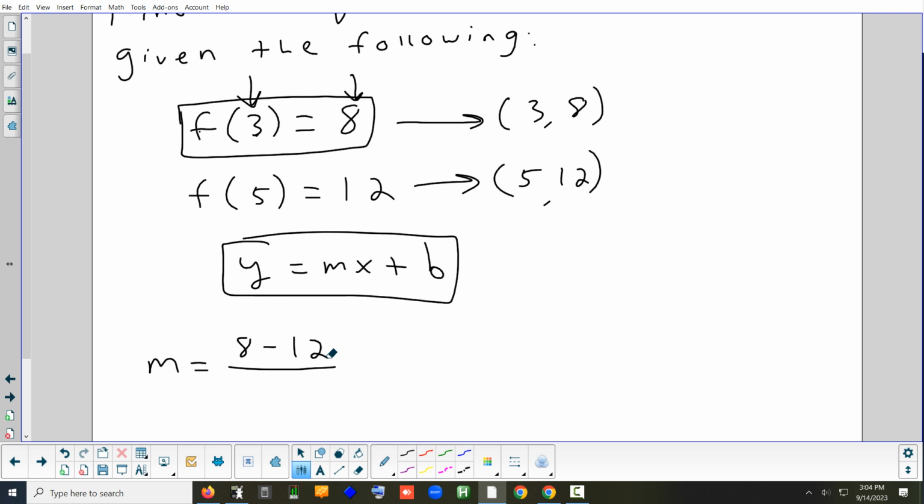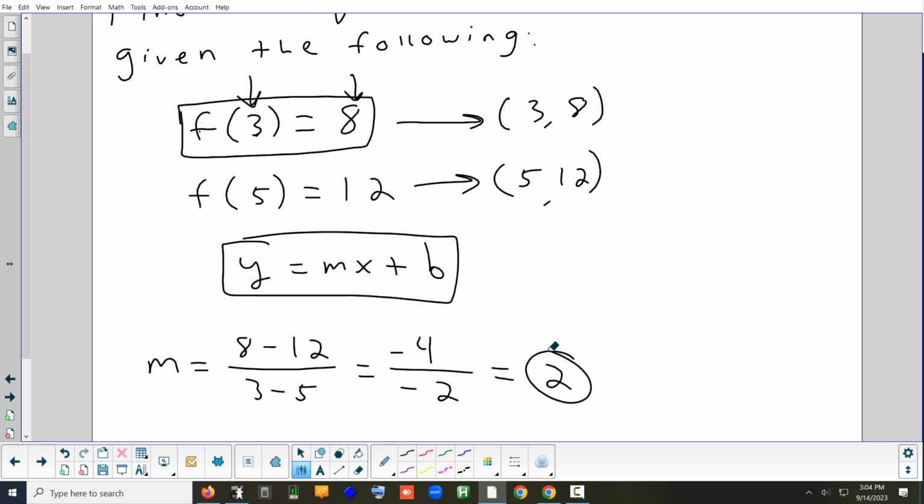Okay, now just make sure you do it in the same order for the bottom. 3 minus 5. Okay, and 8 minus 12 is going to give me negative 4. And 3 minus 5? Negative 2. Alright, so that's going to give me a slope of 2. Okay, so we got the slope.